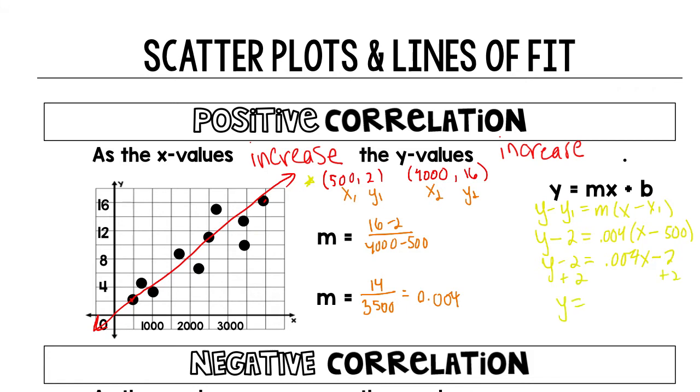We get y equals 0.004x plus 0, so we don't even really need that. Our equation for our line is y equals 0.004x. That's the equation for our line of best fit that goes through our scatter plot.